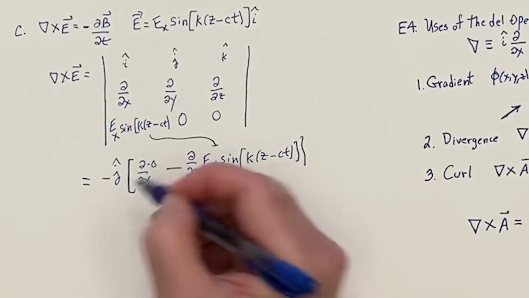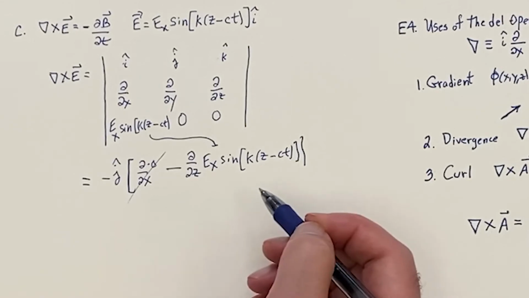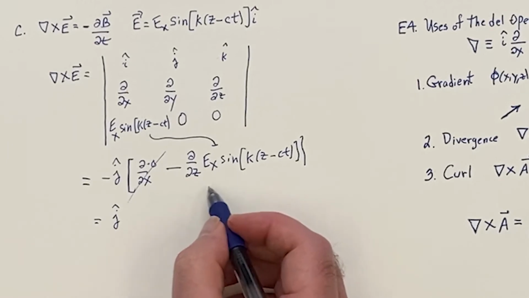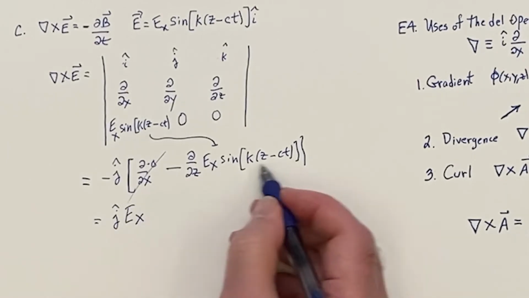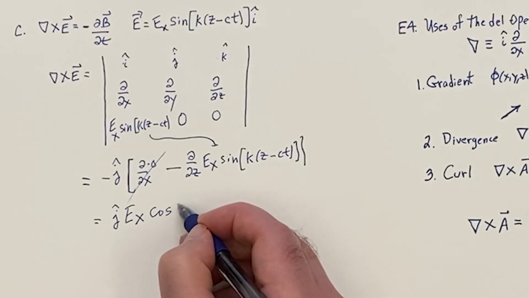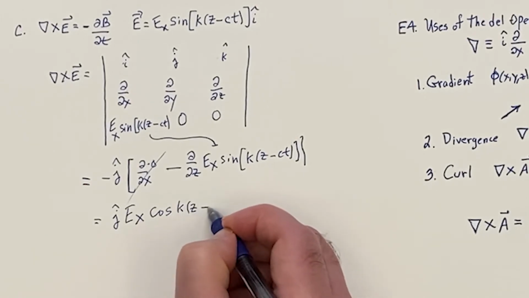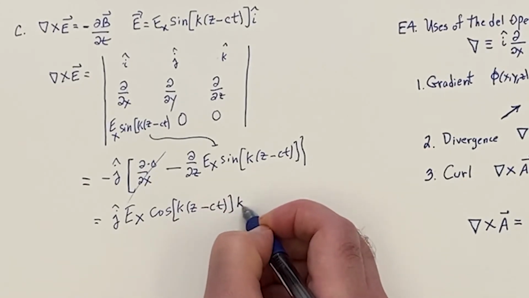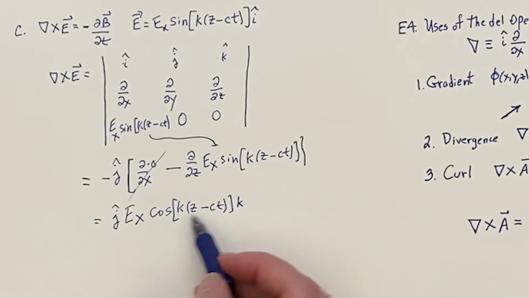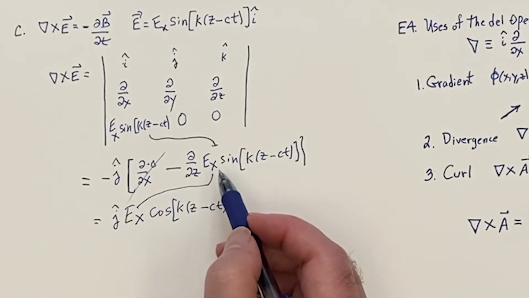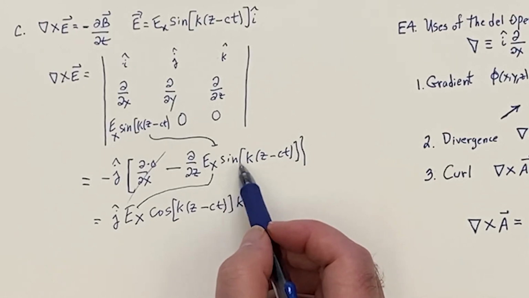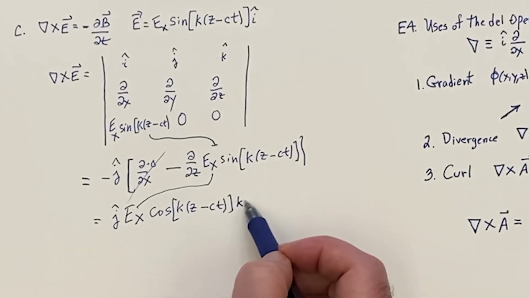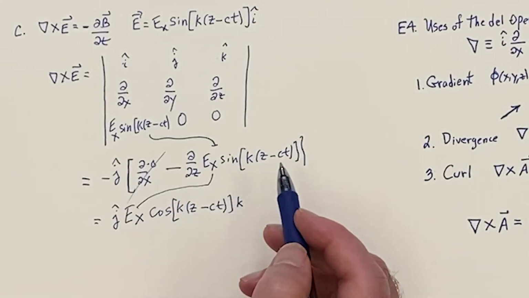So this is gone, and then these minus signs cancel, and then I'll have an Ex. If I take the derivative here, I'll get a cosine, and then a k will pop out. I have the Ex, that's just an amplitude constant, and then the derivative of this with respect to z gets cosine, the chain rule pulls out a k, and the two minus signs cancel.